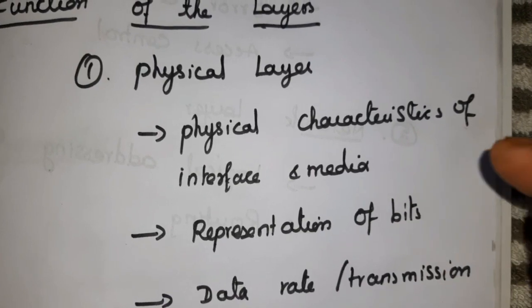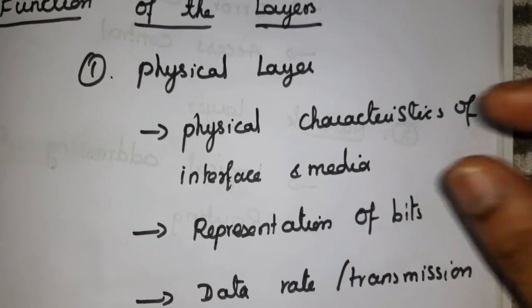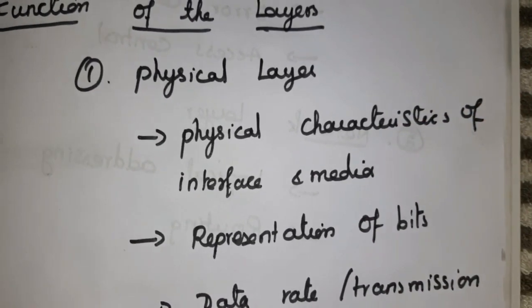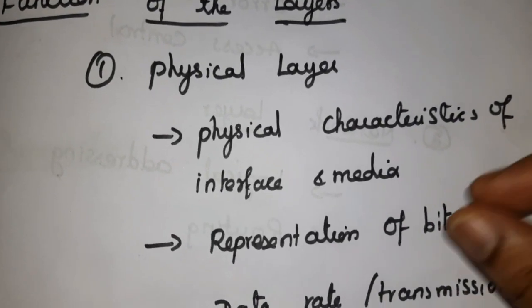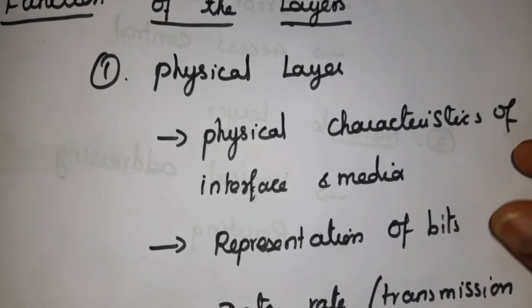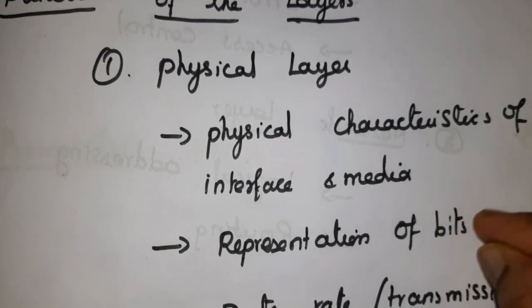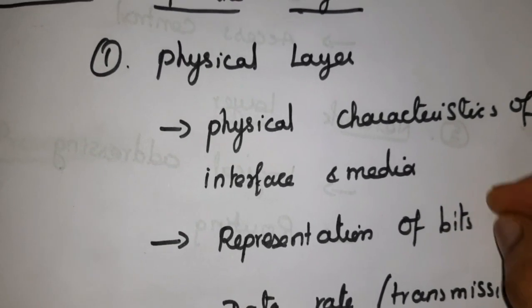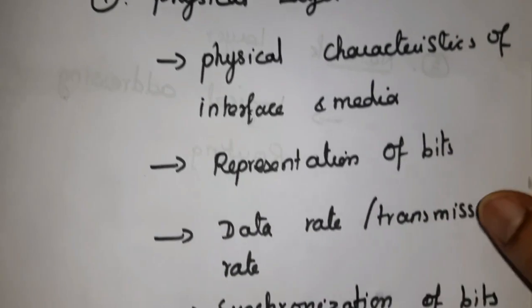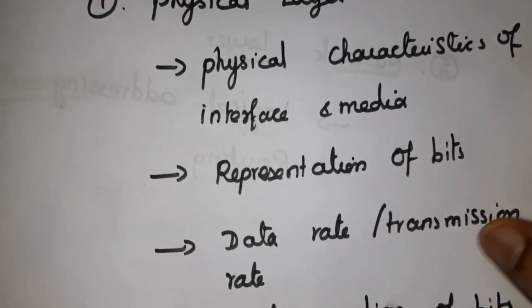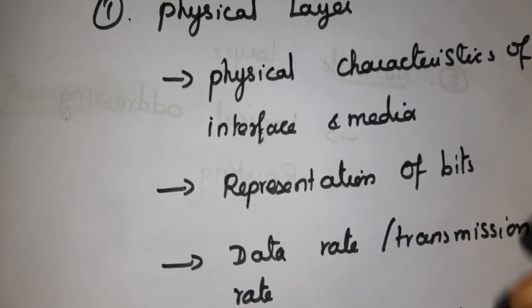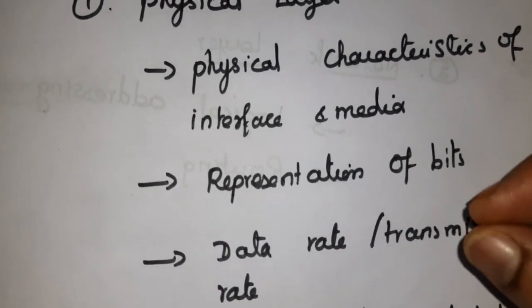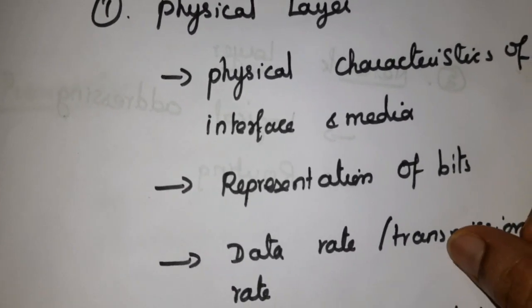Information is transmitted as a stream of bits, and we transmit these bits by using signals. In this layer we define the encoding type of bits to signal. That is known as representation of bits. Next is data rate or transmission rate. How many bits we can transmit per second can also be defined in this layer.